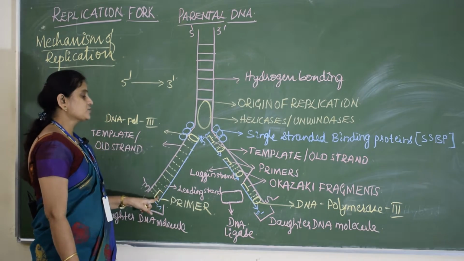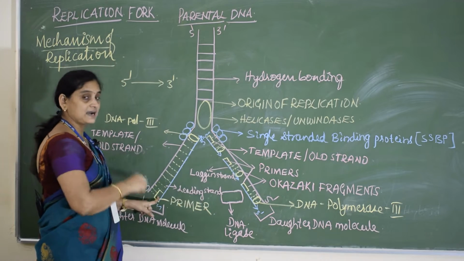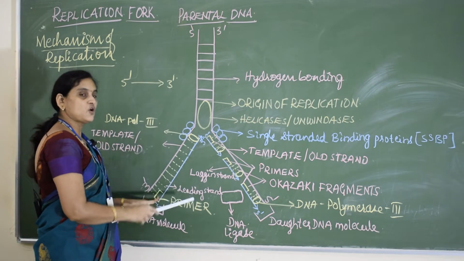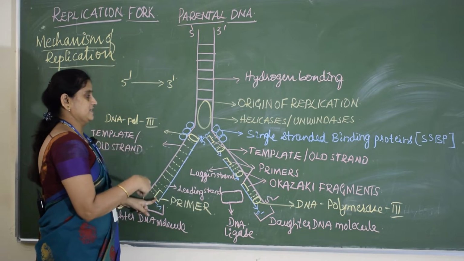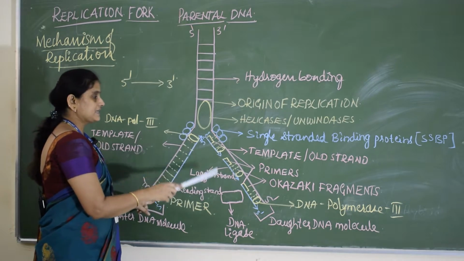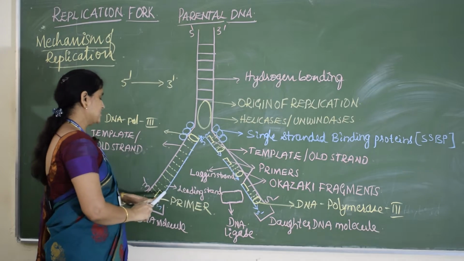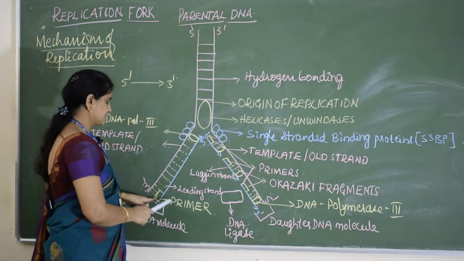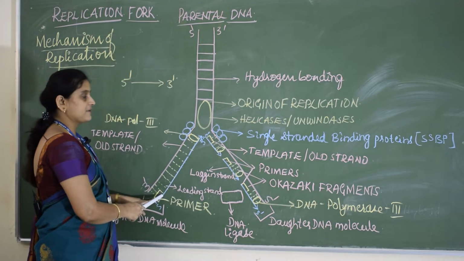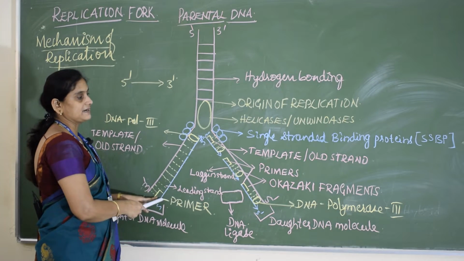Since it is the entire DNA structure, there should not be any RNA primers here, so once the entire replication is over, the DNA polymerase 1 enzyme comes and replaces all the primers. In the leading strand only one primer is added at the beginning.